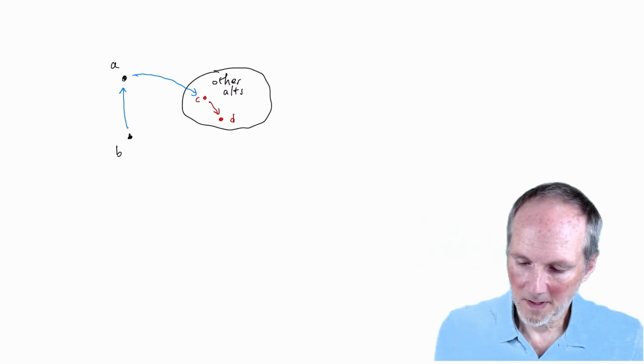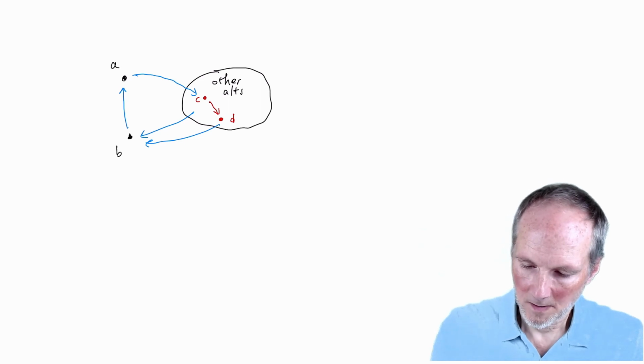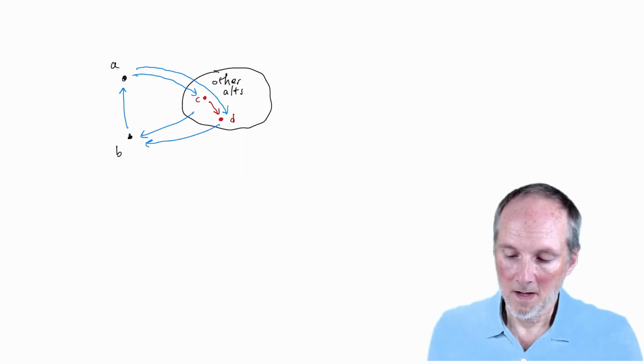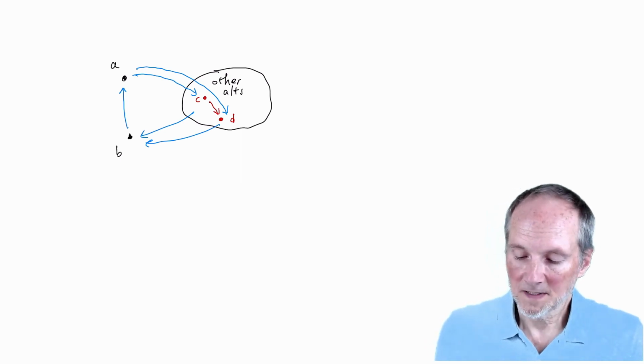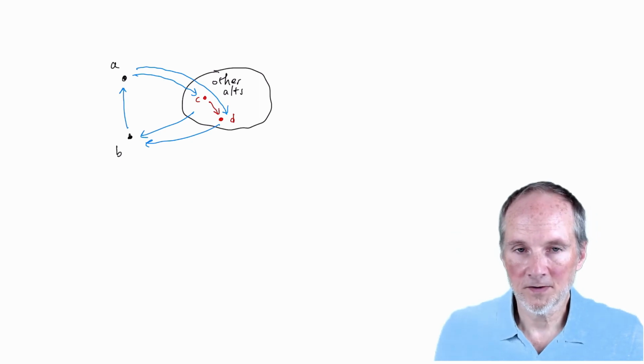there's all these arcs too. We've established that G2 is decisive for A over all these other alternatives.